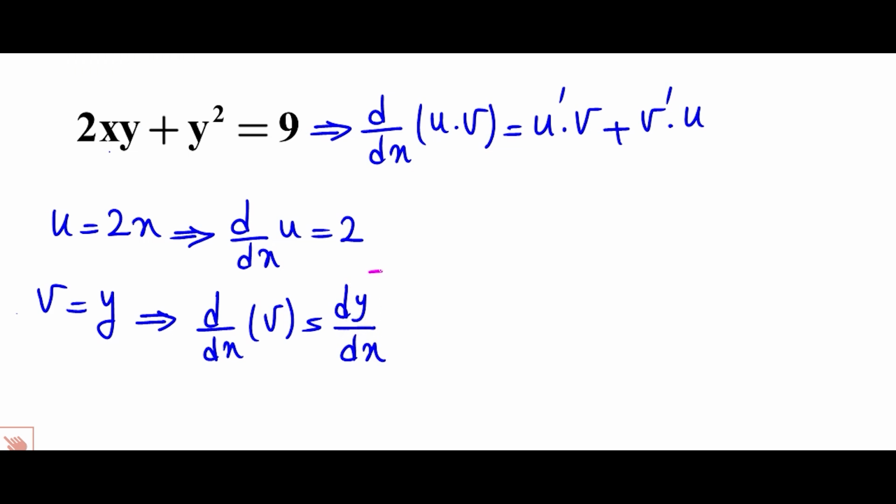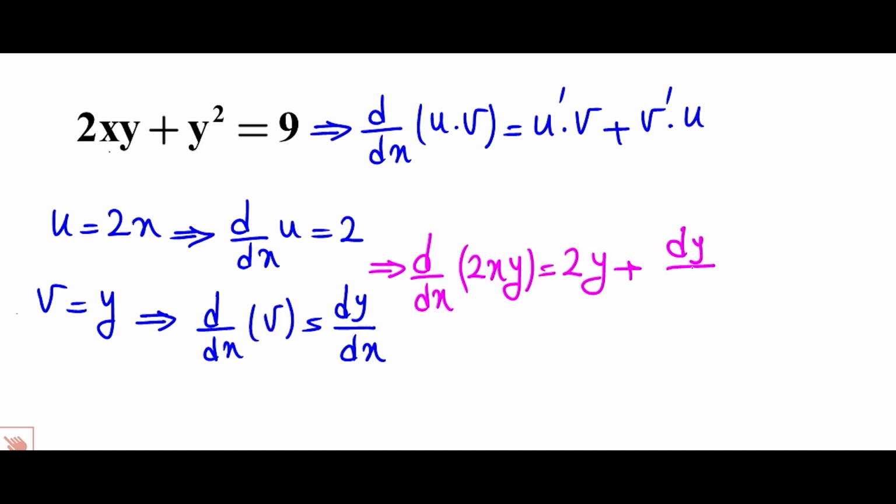So we have the derivative of 2xy: u prime, which is 2, times v, which is y, giving 2y, plus v prime, which is the derivative of v, dy/dx, times u, which is 2x.